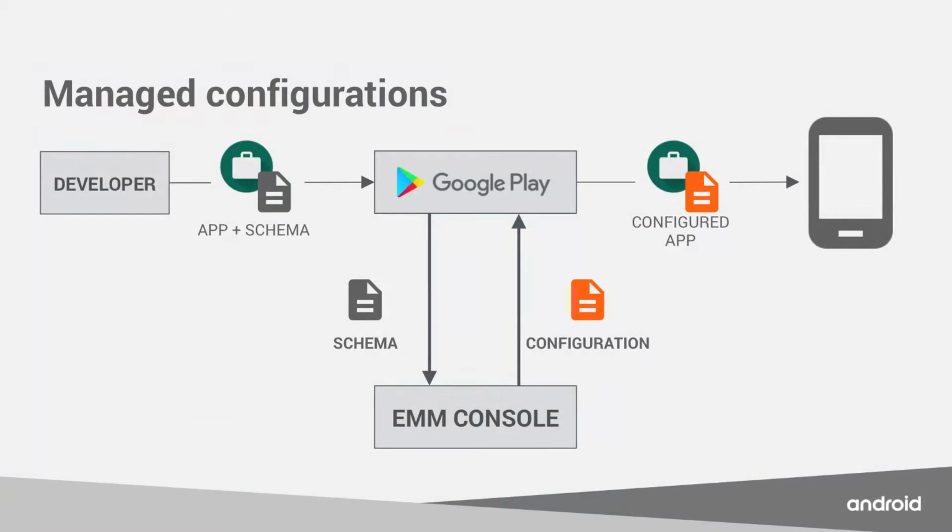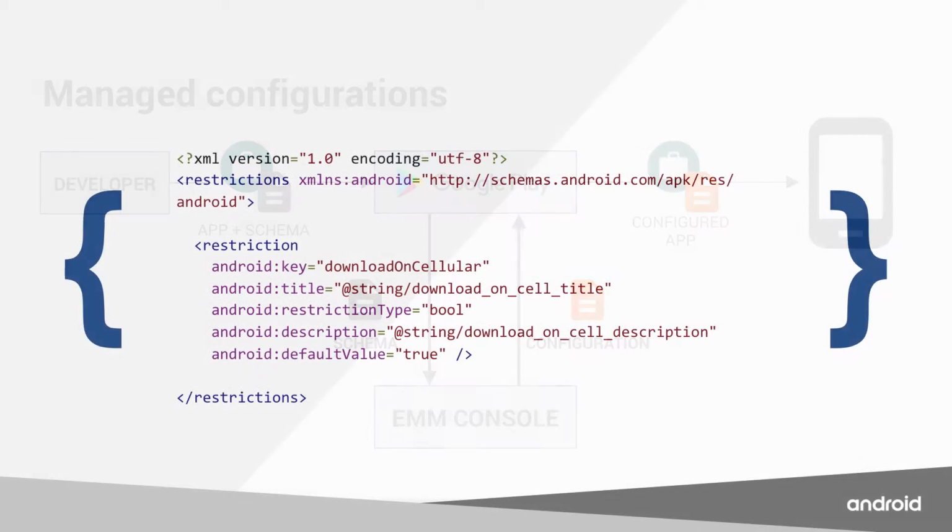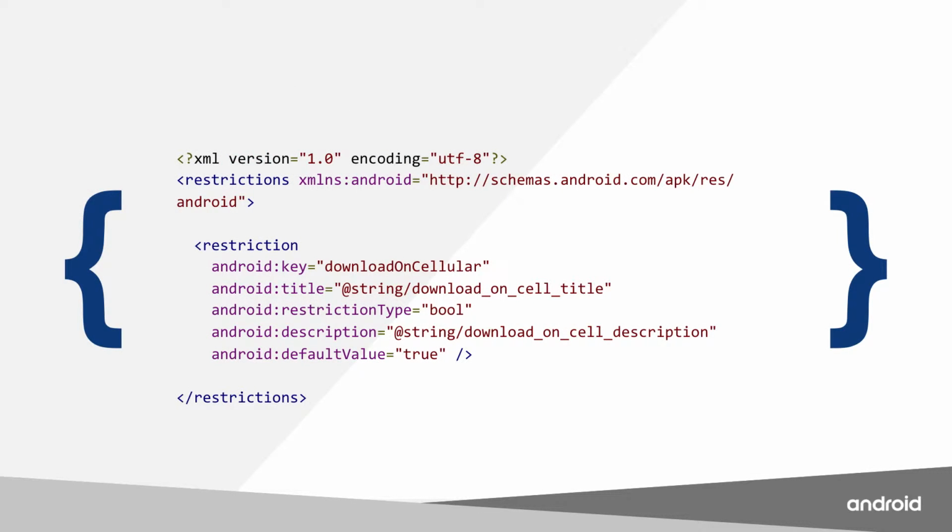So yesterday, Fred covered how EMMs interact with the Google Play API. An EMM gets the managed configuration schema by using the Play EMM API, and that's provided by the app developer. Here's an example schema for an app that can be remotely configured to be allowed or disallowed to download over the cellular network.